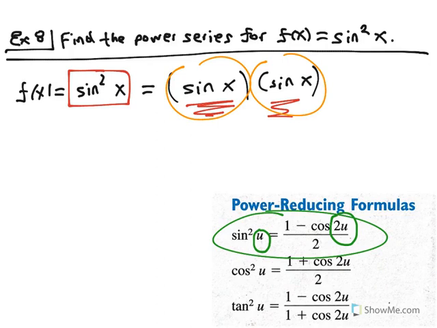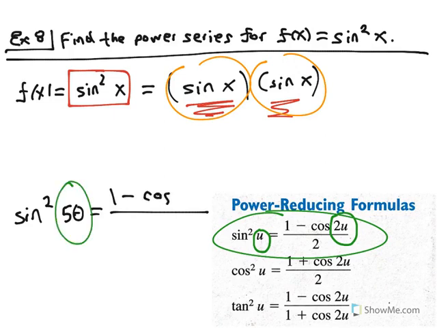So for example, let's say you have sine squared of 5 theta. Then when you rewrite sine squared of 5 theta using this power reducing formula, you're going to have 1 minus cosine of 2 times 5 theta, which would be 10 theta, over 2.